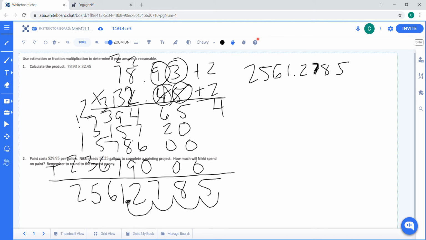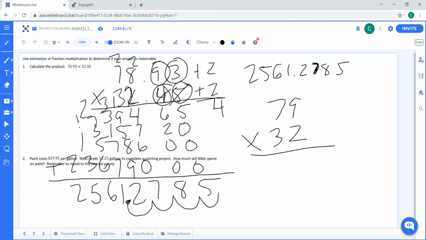Well, I'm not the biggest fan of the fraction multiplication just because it takes so long, so let's just estimate. Let's say that's close to 79. 32.45, we'll round that, leave that at 32.